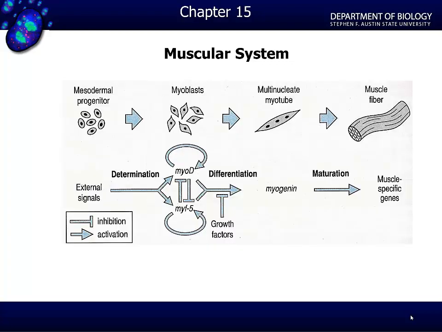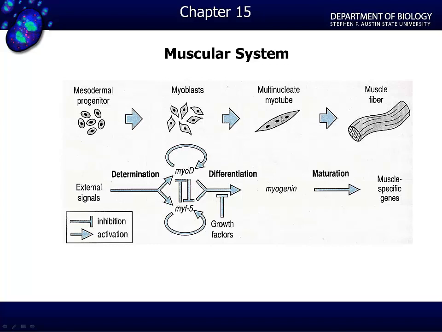So just putting this in a small outline, we can see our mesodermal progenitor cells, our mesenchymal cells, that will go through the process of determination into our myoblast. And here we can see one of those MRFs, the MyoD gene. We have another myogenic regulatory factor called Myf5. These are some of the earliest to ever be identified. Once we begin to express these MRFs, that's going to lead to differentiation.